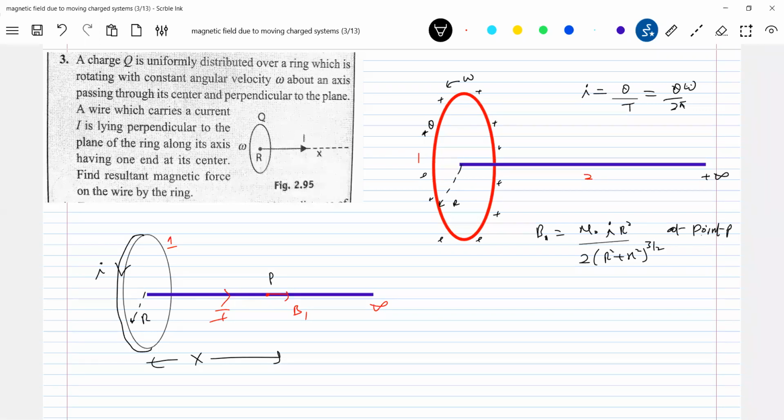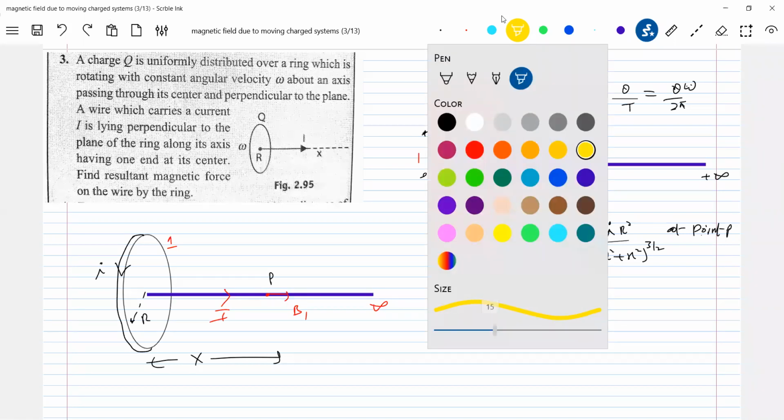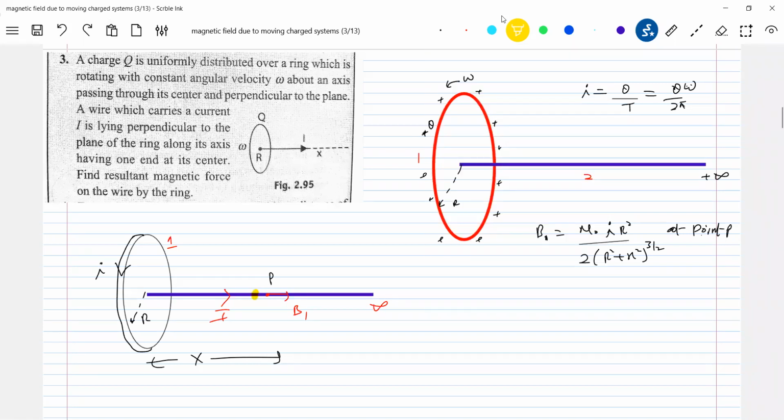After getting this, you take a small elemental length. Let the length of that element be dx. What is the angle between B bar and dl bar? They are in the same direction, no? So what is the force of interaction?